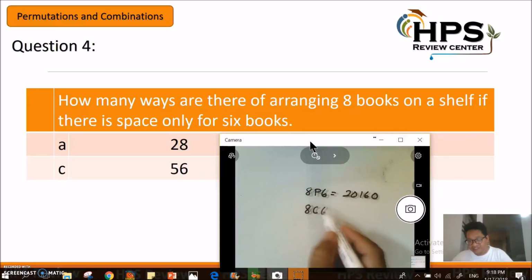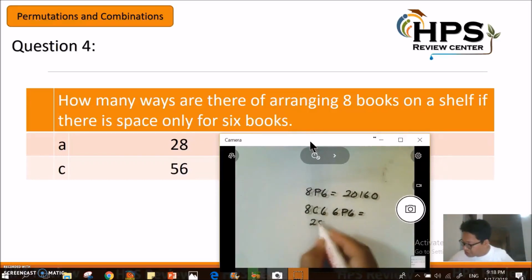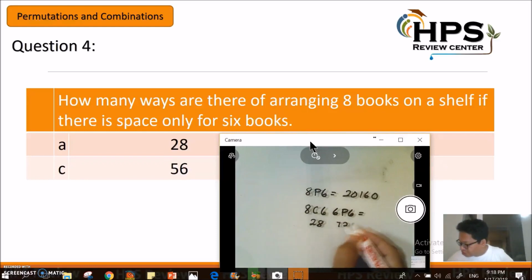And after choosing those 6 books that you're going to arrange, then you need to rearrange those 6. So you multiply that by 6P6. And let's see what will be the answer to that. So 8 combination of 6 will give you 28. And then 6 shift P6, which gives you 720.